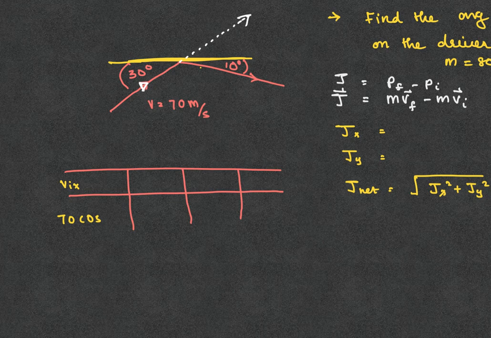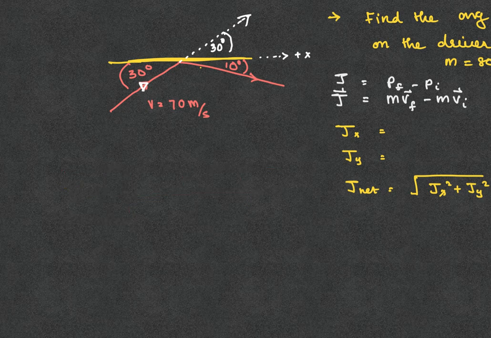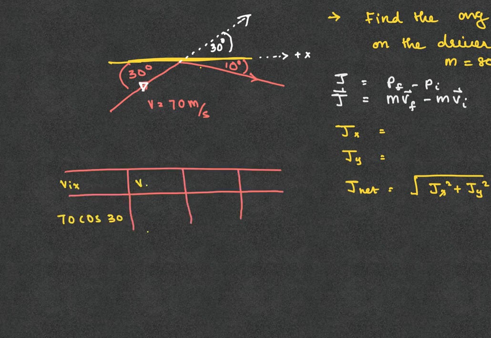So this line is pointing away from the center. That means the direction is actually 30 degrees with the positive x-axis. Now V initial x is 70 cosine 30, and V initial y is 70 sine 30.